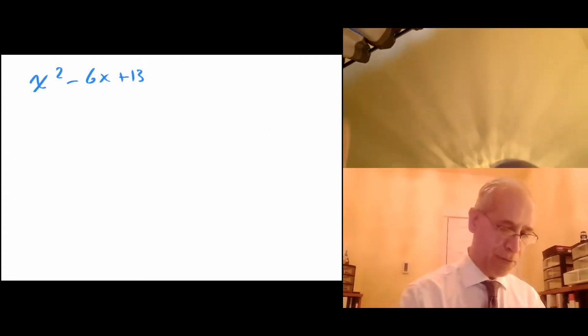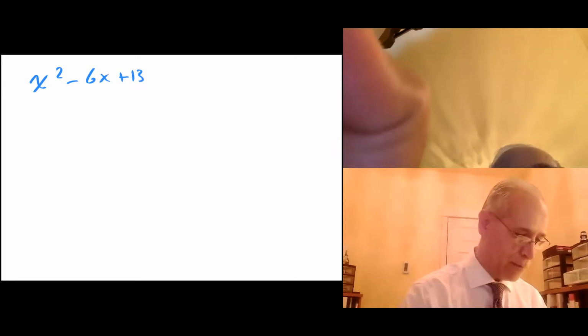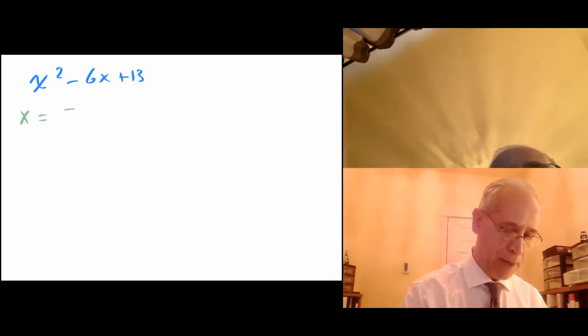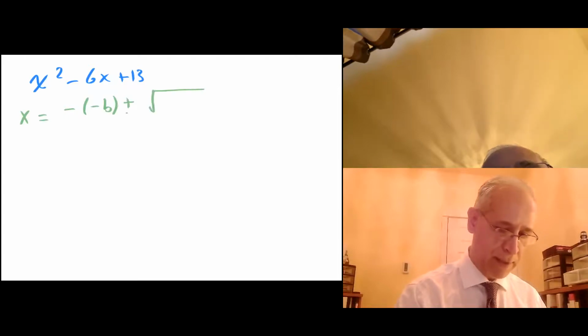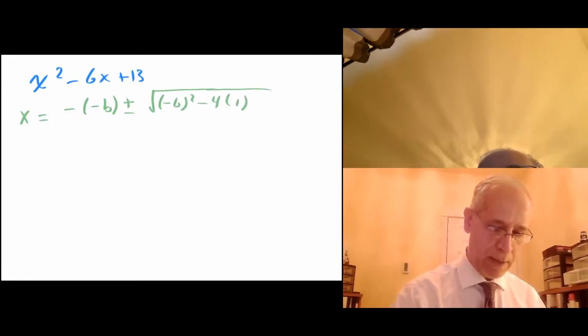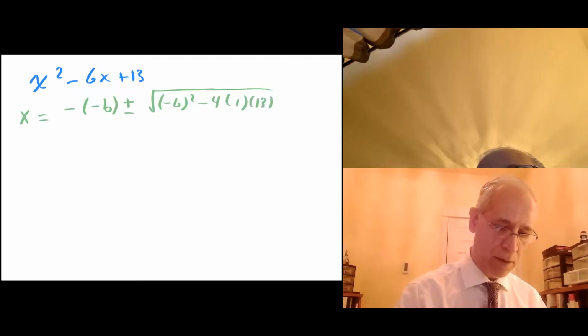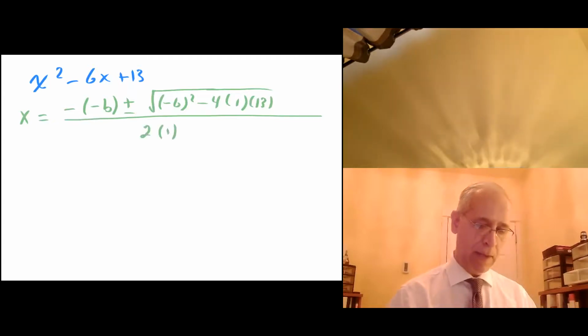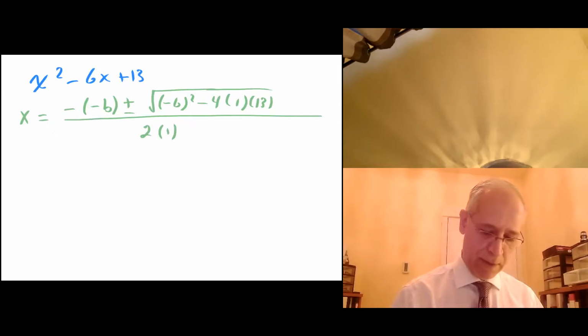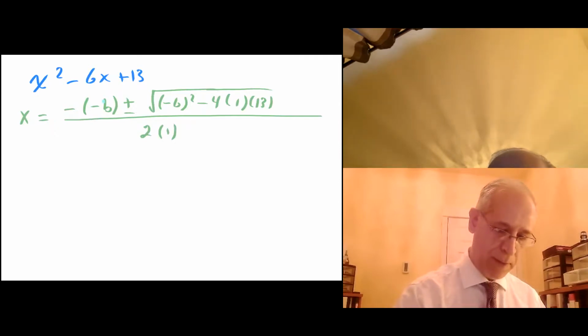Using the quadratic formula, x equals minus b plus and minus the square root of b to the second minus 4ac, all over 2 times a. And minus b right here, b is minus 6.